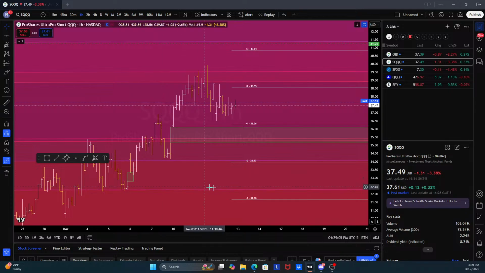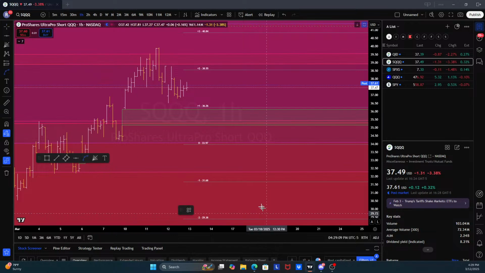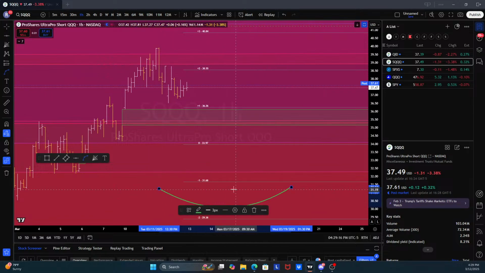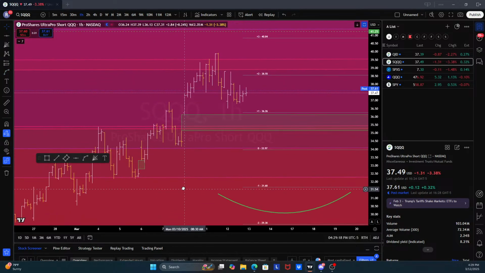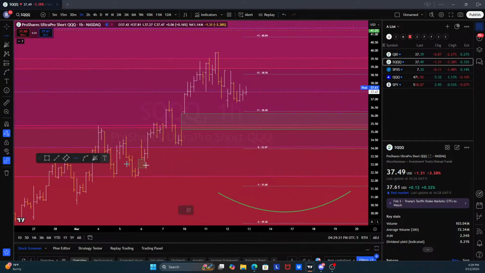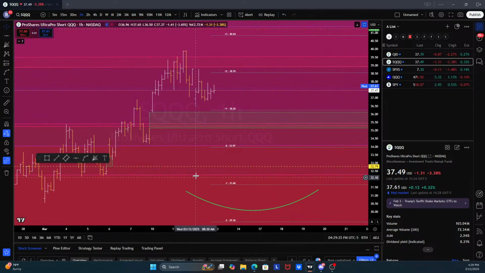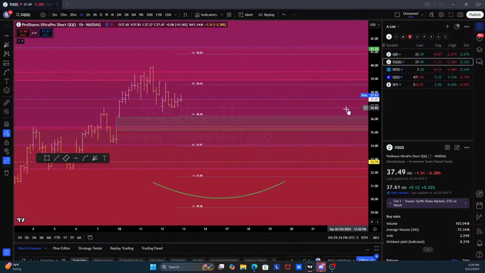Once we fill this, I'm looking for a bottom on SQQ around here until we actually lose this support level. I'm looking for a move down here, which will probably be a slow move if we keep falling, and then a move back up, just because the market still looks weak.